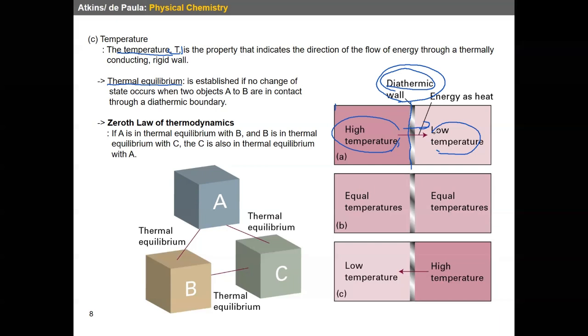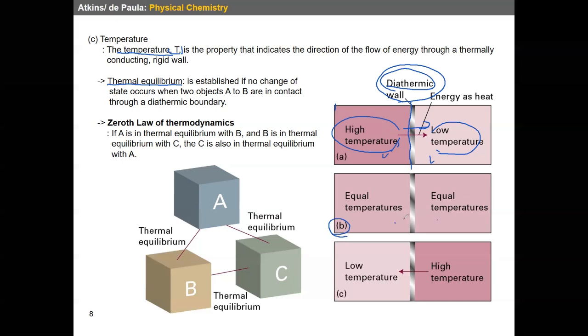If there are no changes of state between these two areas, then we call that situation a thermal equilibrium state.